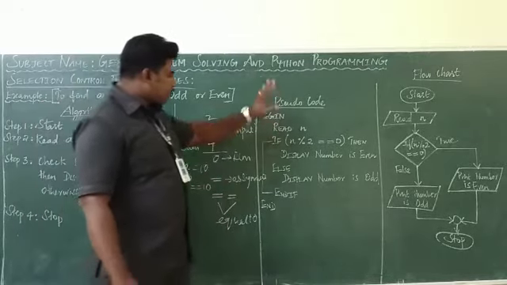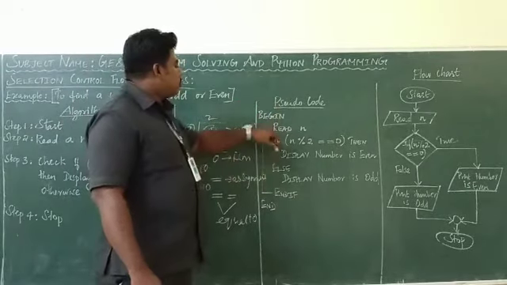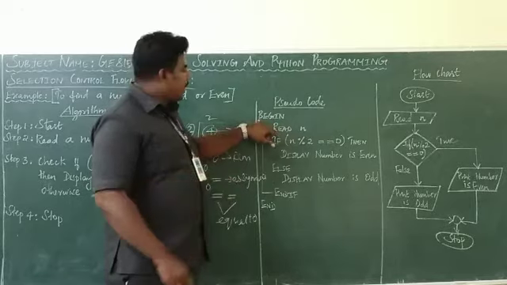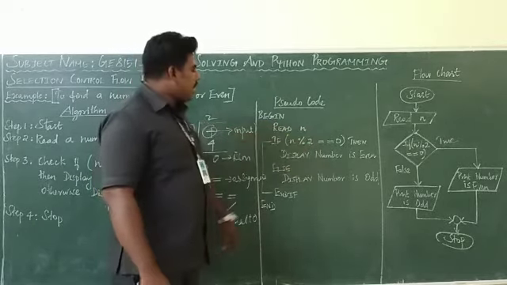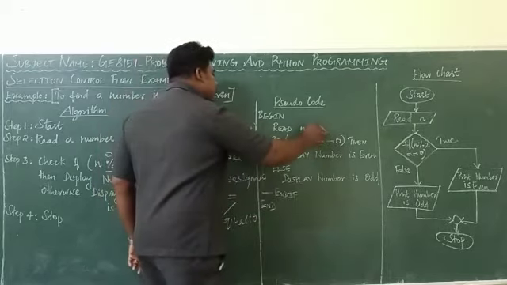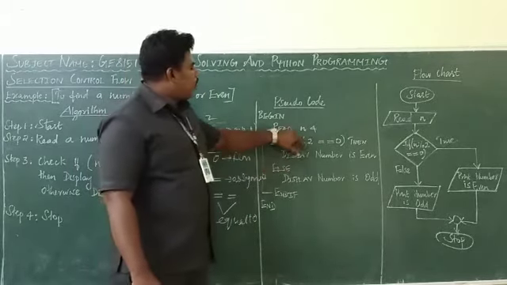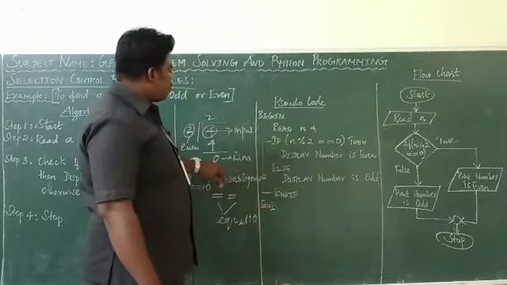The same algorithm I am going to write in the form of pseudocode. First start with the keyword BEGIN in capital letters, then read n. Here the n value is 4. I am checking a condition: if n % 2 == 0. 4 divided by 2, what answer?